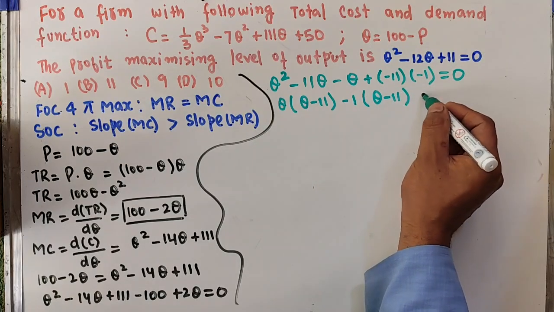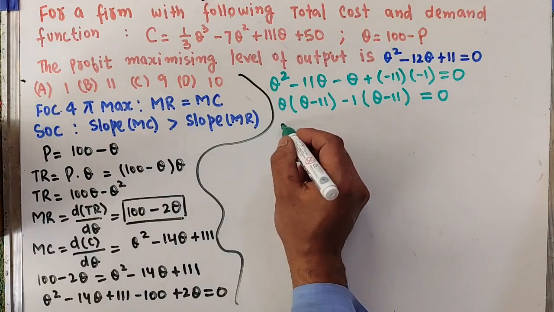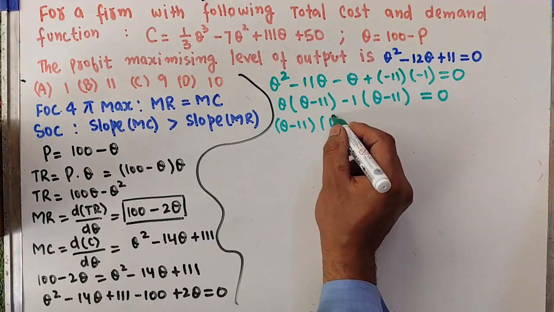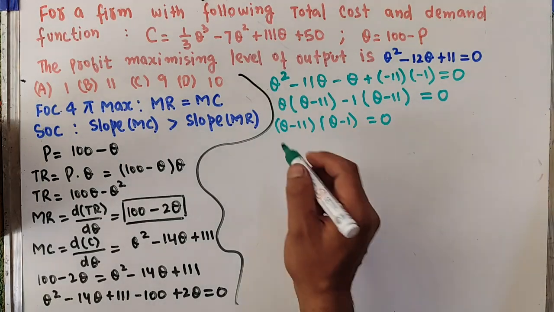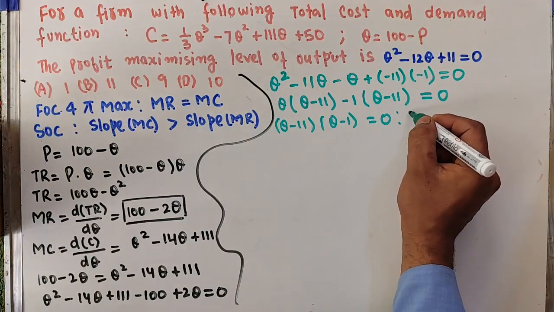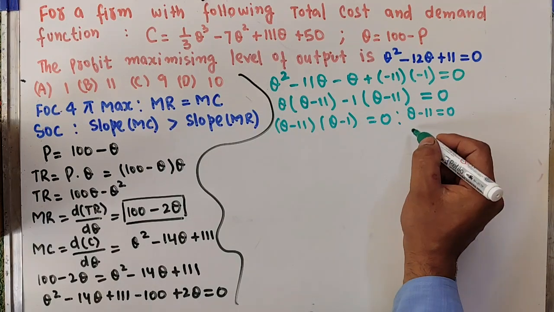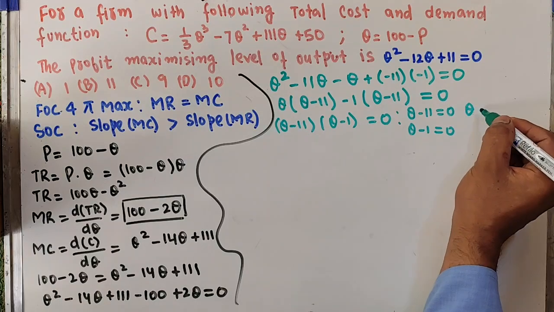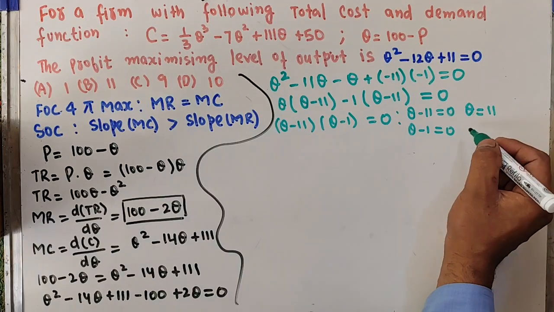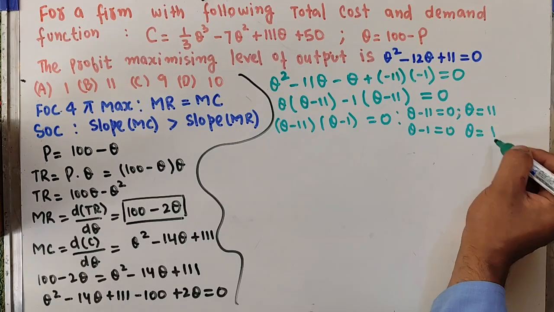Let's take Q minus 11 common, then we will be left with Q minus 1, and we set it equal to 0. It implies either Q minus 11 is equal to 0 or Q minus 1 is equal to 0, which implies Q is equal to 11 and Q is equal to 1.